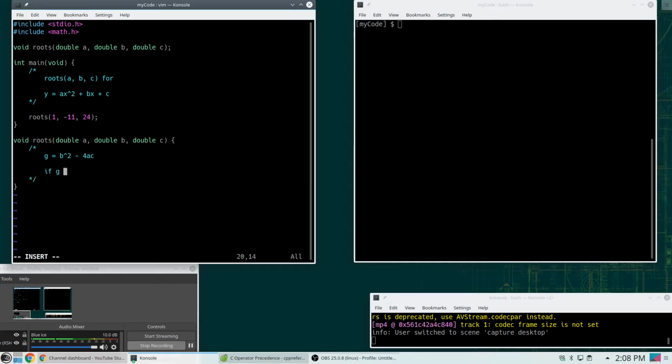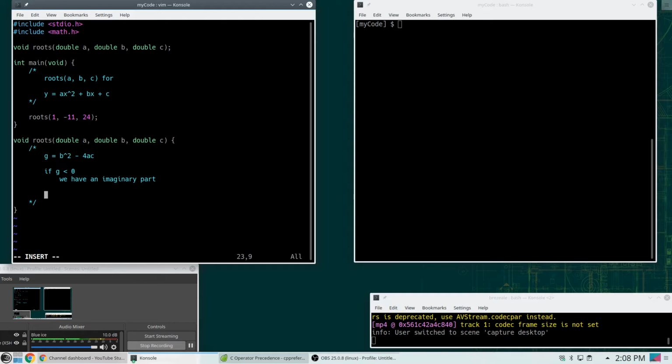If g is less than 0, we have an imaginary part that we need to deal with. All right, and then remind ourselves of the quadratic equation.